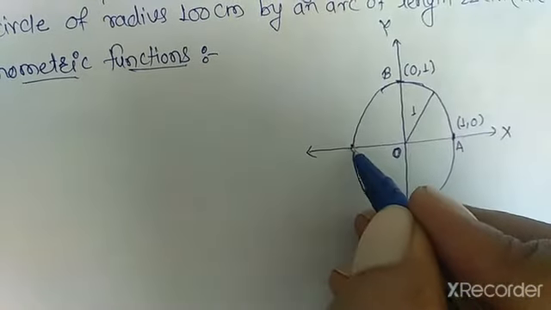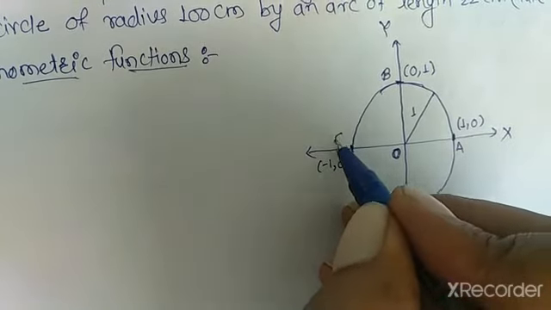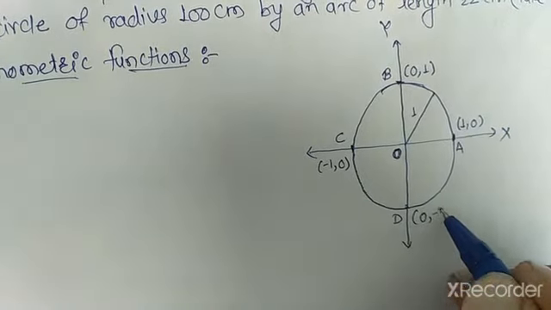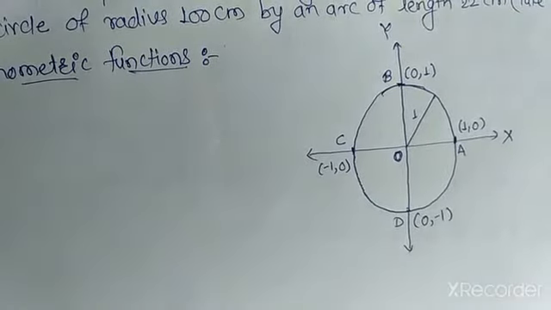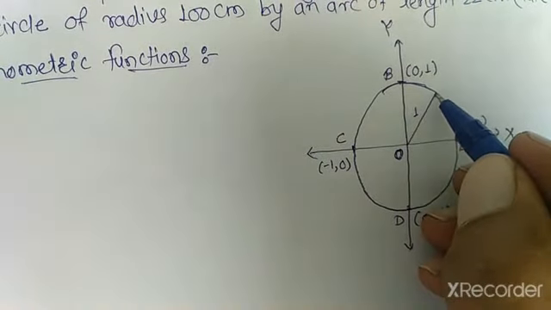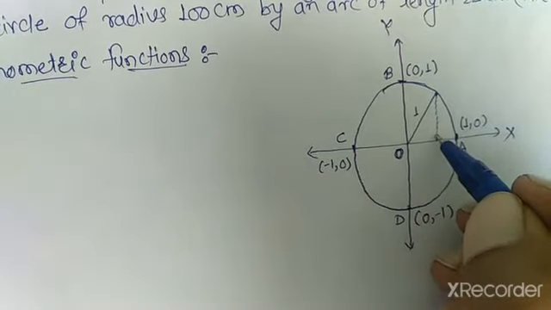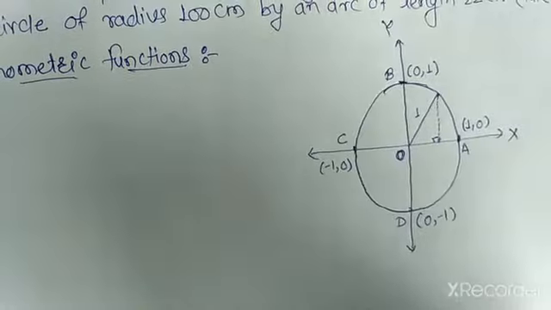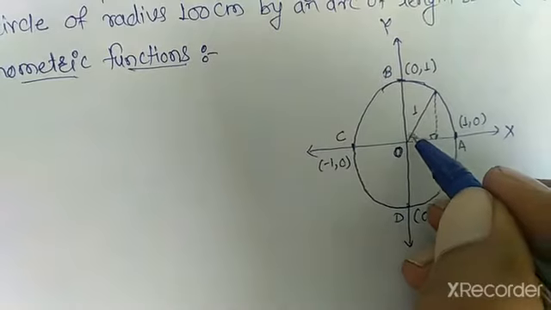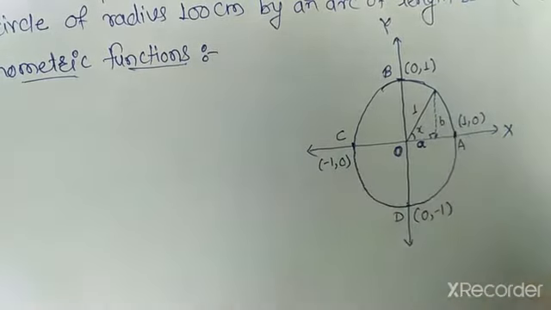On x axis again it will be -1, 0 if you consider it as C, and at D it is 0, -1. Okay, so in this, if you draw a tangent here to x axis, now consider this angle as x, this distance as A, and this distance as B.